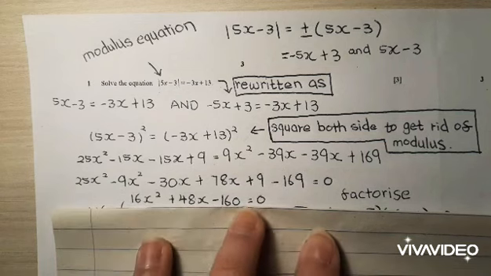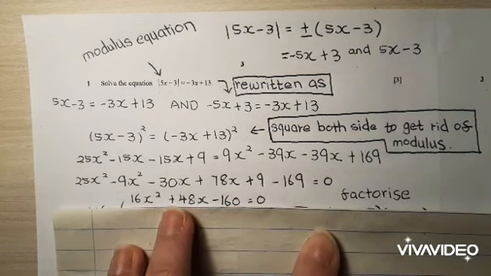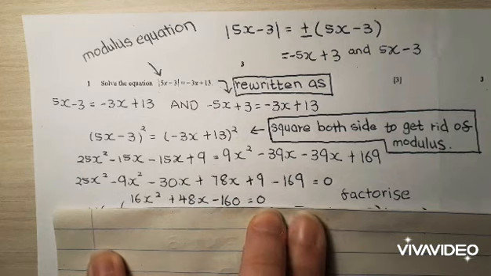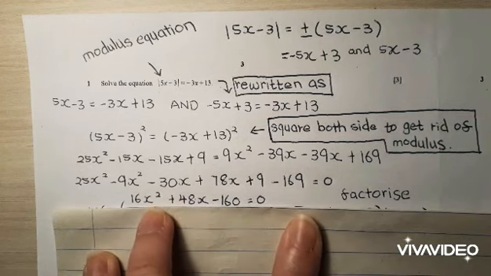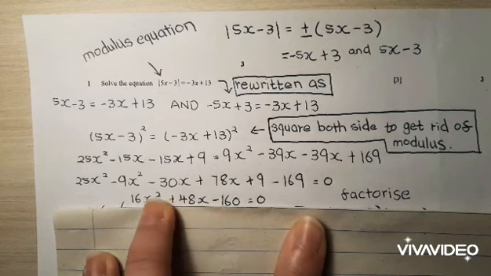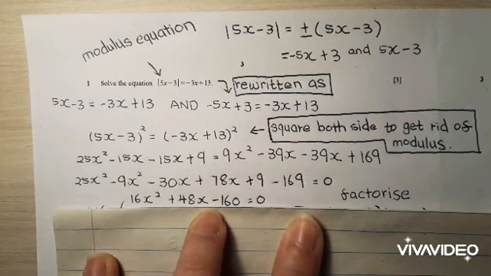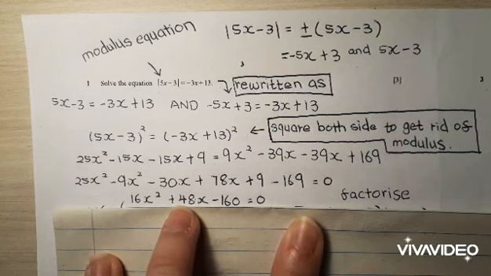I get a quadratic equation here, and when you get a quadratic equation, you just have to factorize it. Then you will get the answer for your x. To make my factorization easier, I will usually simplify this equation further first.